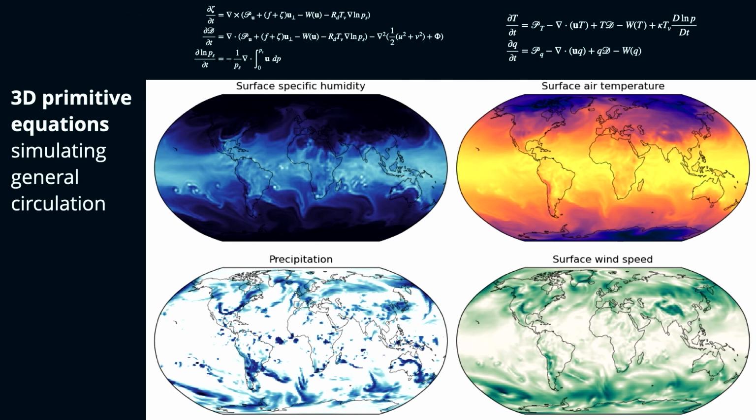Whenever the humidity gets above a certain threshold, either through condensation or convection, there's a tendency of reducing the humidity, which is translated into precipitation because it leaves the column, and it can evaporate again in the bottom layer from the ocean. So that's humidity in there. And the wind speed is just another perspective of the vorticity that we've seen before.